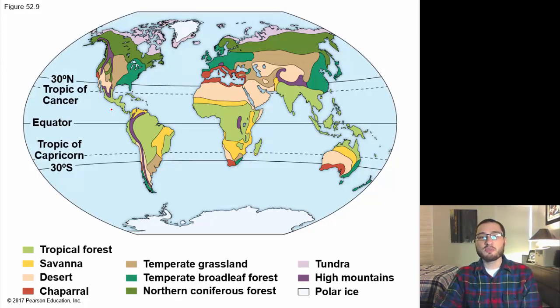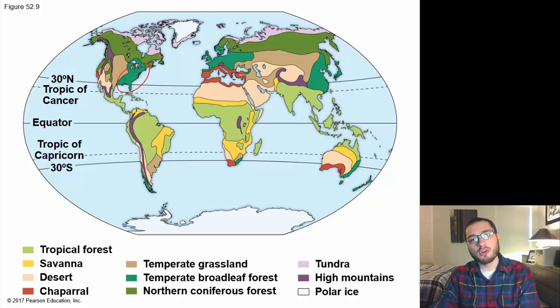So when we look at the different biomes, you're probably familiar with most of them, but we can really look at any continent and break it up into the different biomes. So you have a temperate forest, where we live, and you have more coniferous forests where there's more conifers instead of the deciduous trees that we see in our area.